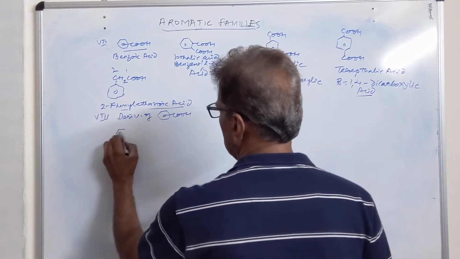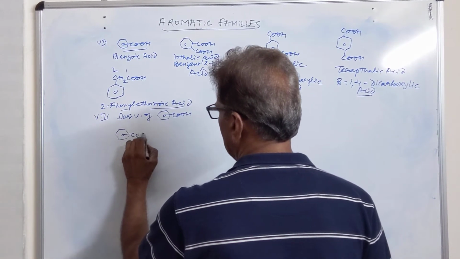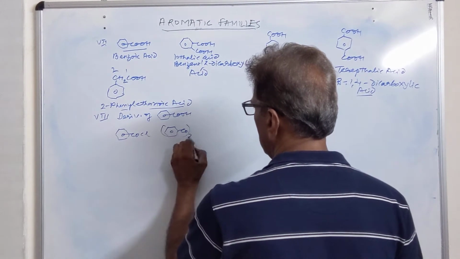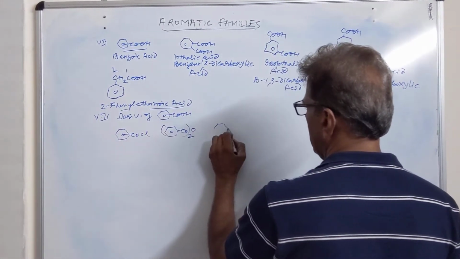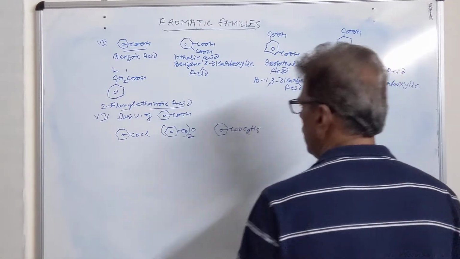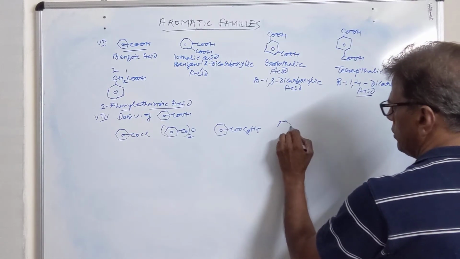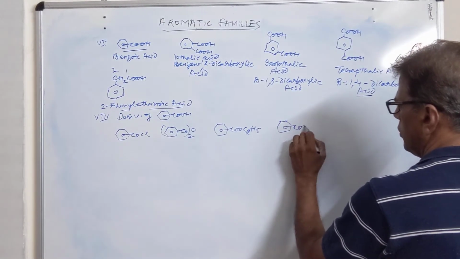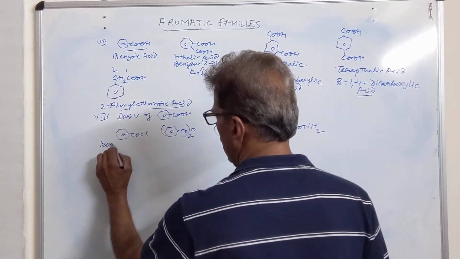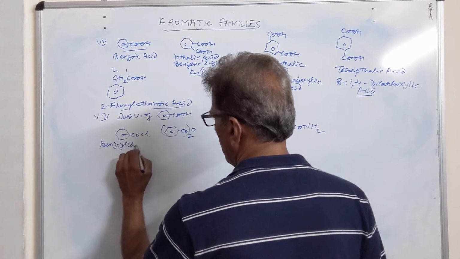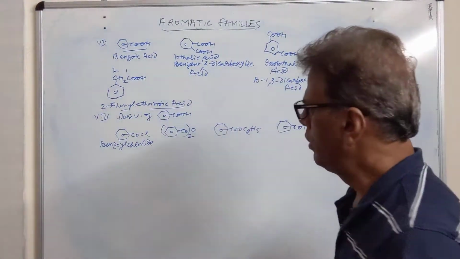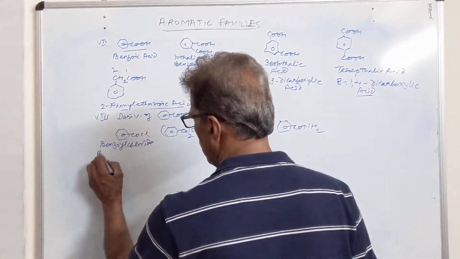So we have 4 classes of the compound again. We have acid halides, we have acid anhydrides, we have esters, then amides. This is benzoyl chloride. It is common as well as IUPAC name, can be called as benzene carboxylic chloride also.